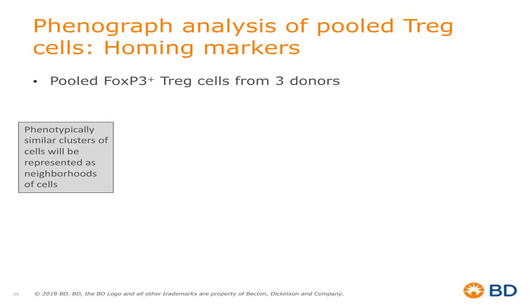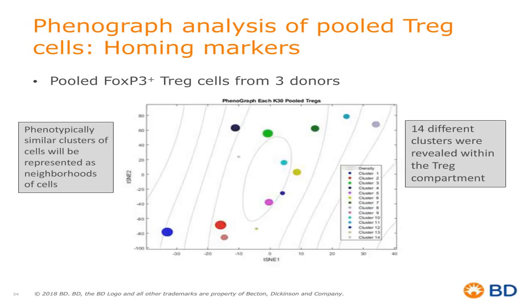And so this is where we pooled together all of our T regulatory samples for our homing markers. We concatenated them, basically. And so we pulled the FOXP3 positive Tregs, regulatory cells, from the 3 donors, and phenotypically similar clusters of cells will be represented as what we call neighborhoods of cells.